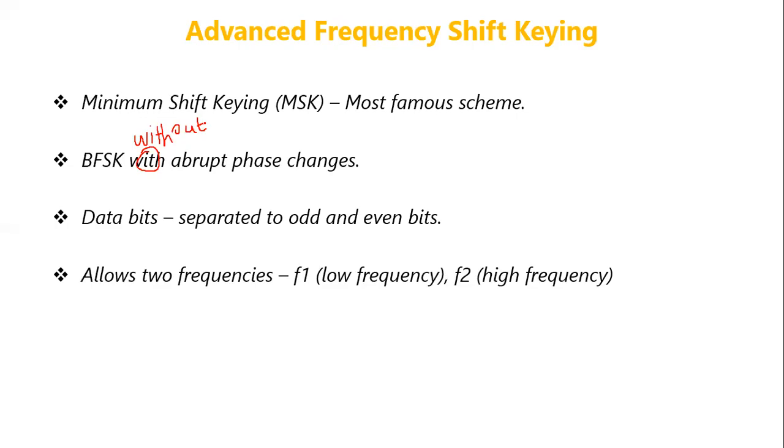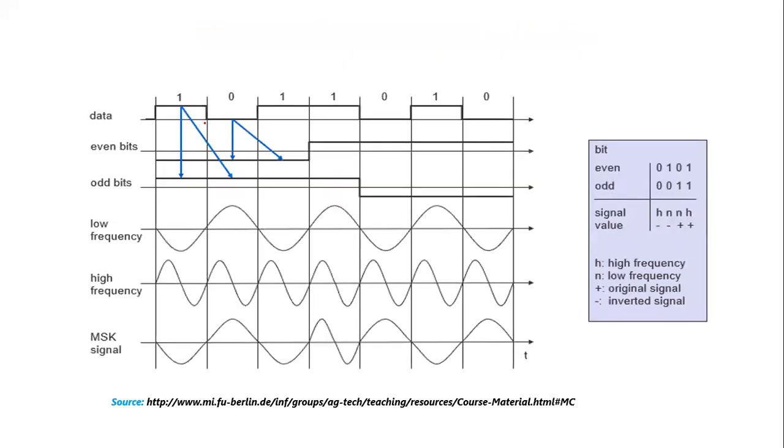The frequency F2 will be twice the frequency of F1. Let us understand how advanced frequency shift keying works with an example.